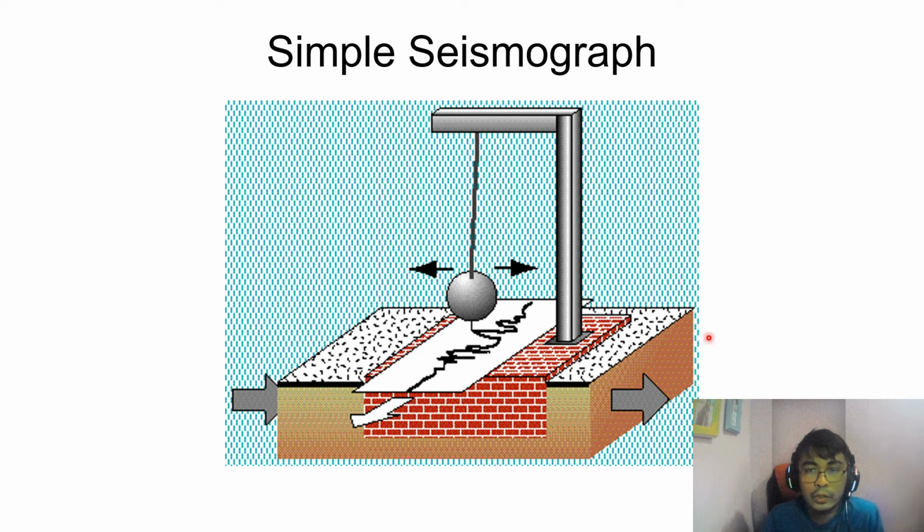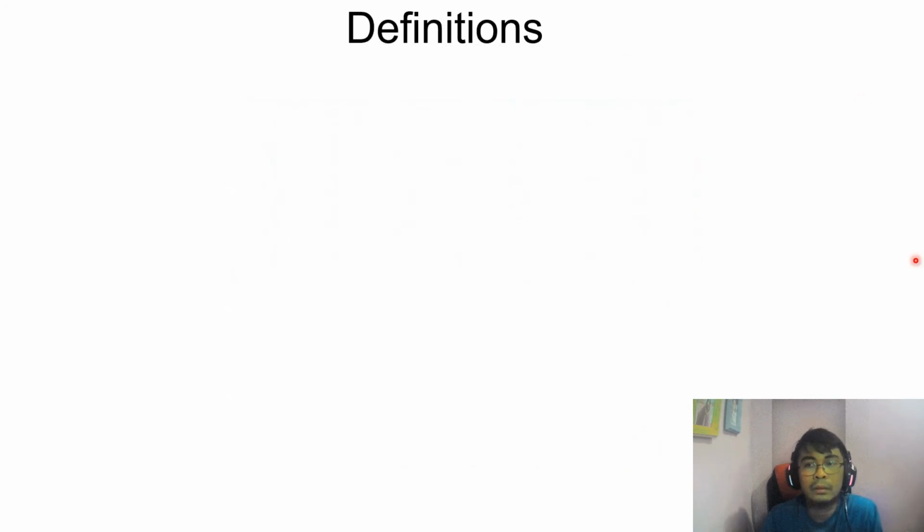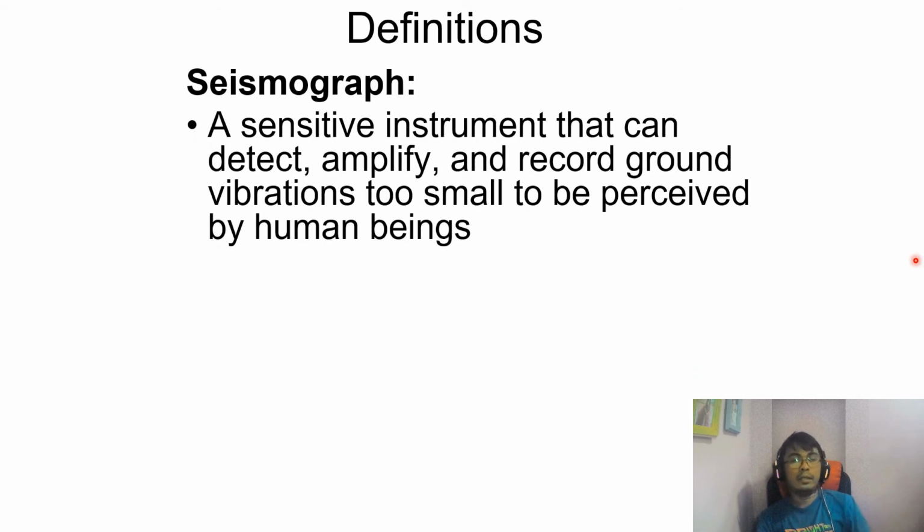So isa siyang instrumento ginagamit ng mga seismologists para hanapin kung saan ba nag-originate yung earthquake na yan. So that's seismograph, okay? So it's a sensitive instrument that can detect, amplify, and record ground vibration, even those too small to perceive by human beings.